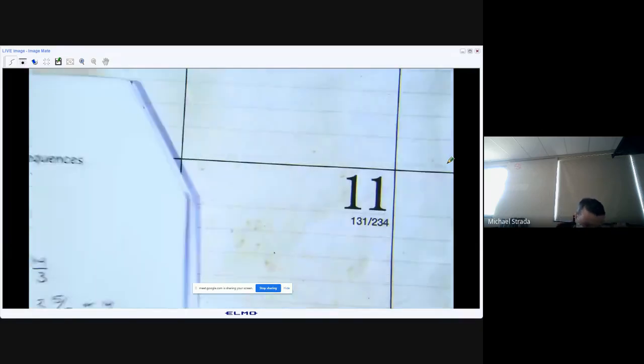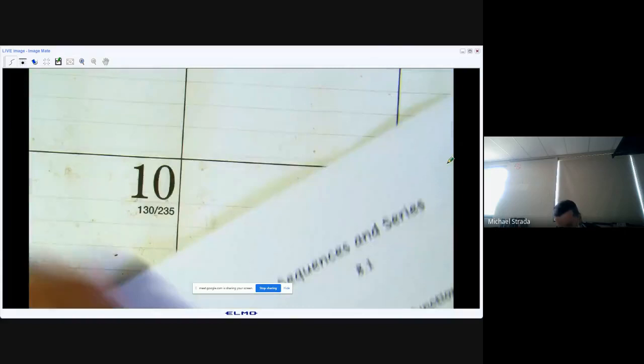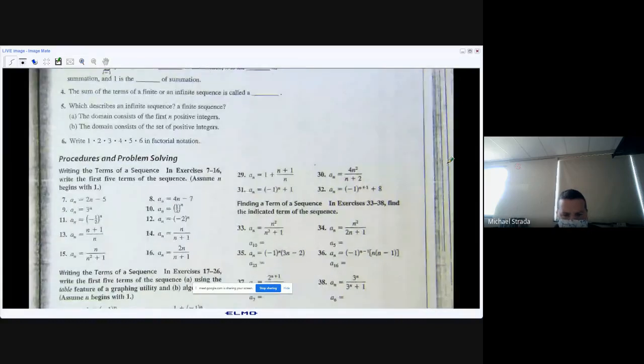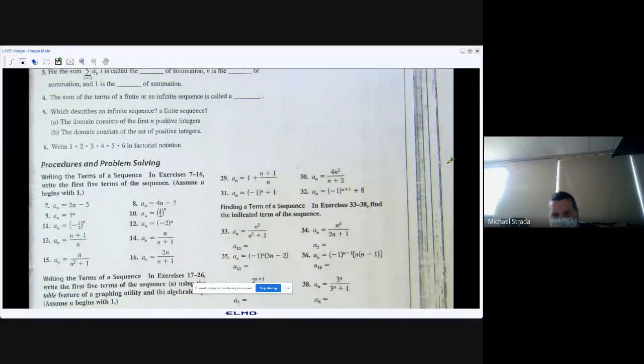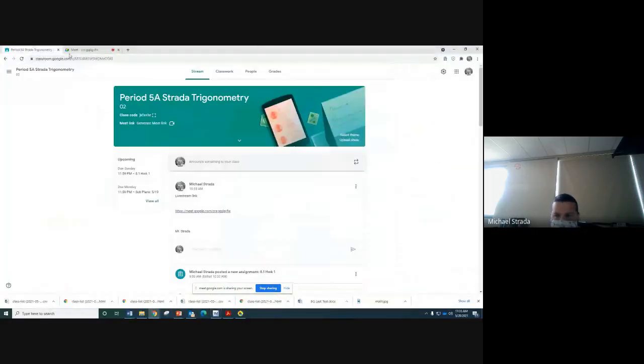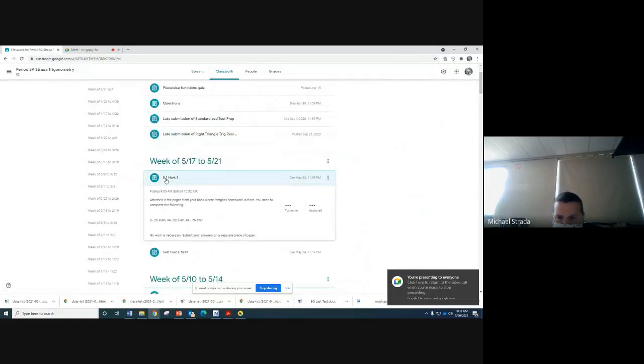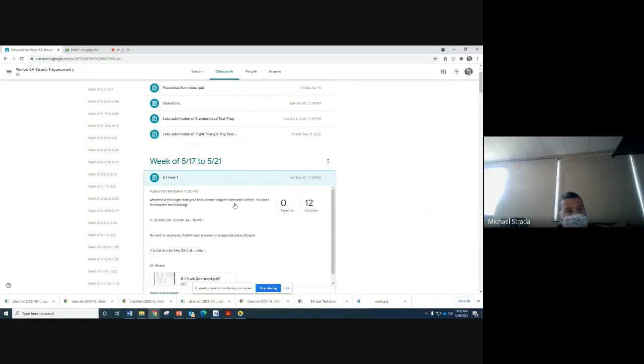There are currently 2 homework assignments up in classwork. One is due Sunday, one is due Monday. The one that is due Sunday is in the back of this, and up in Google Classroom. So it's under 8.1, homework 1.